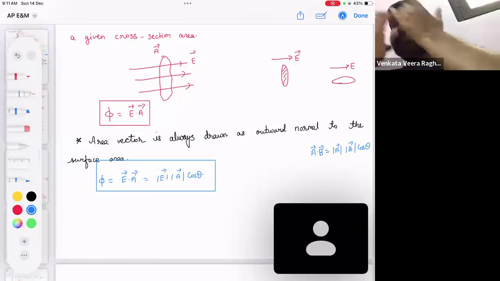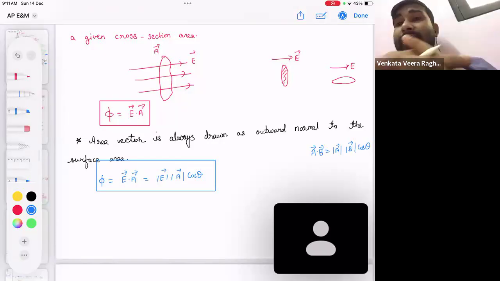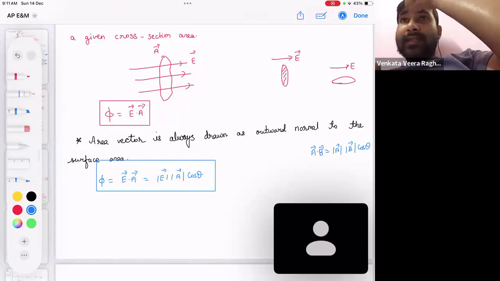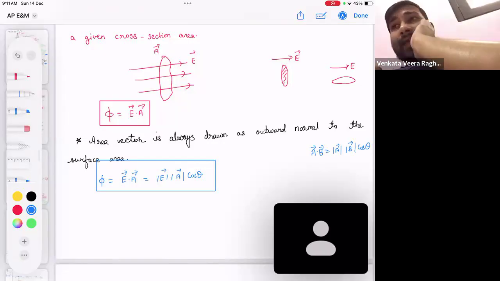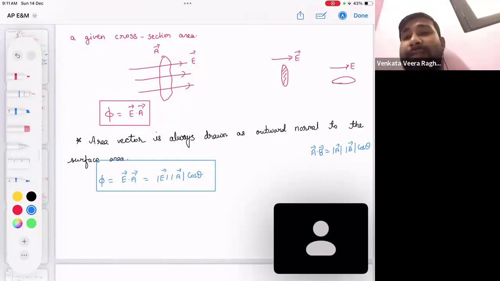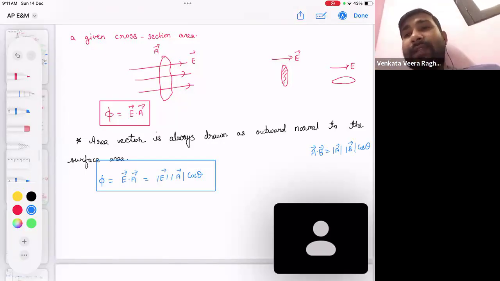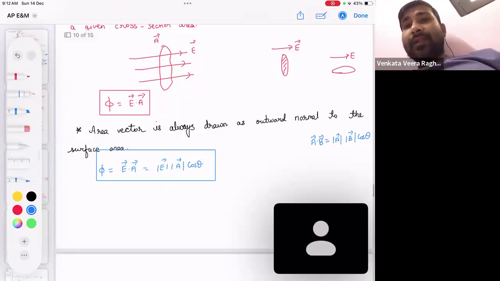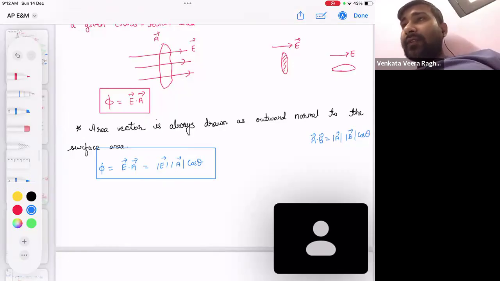Angle between two vectors means the angle between their tails or between their heads. So if electric field is constant, then we can directly take the dot product to get the flux.